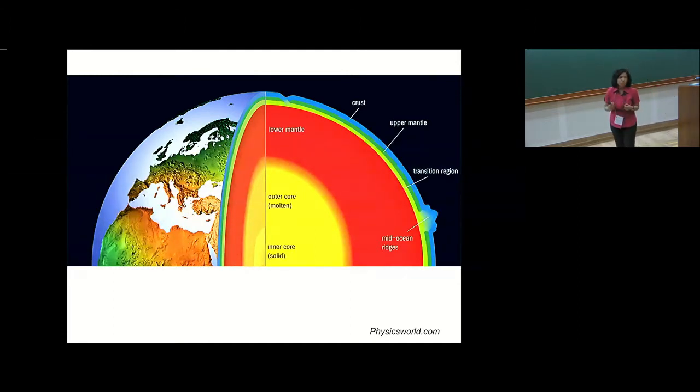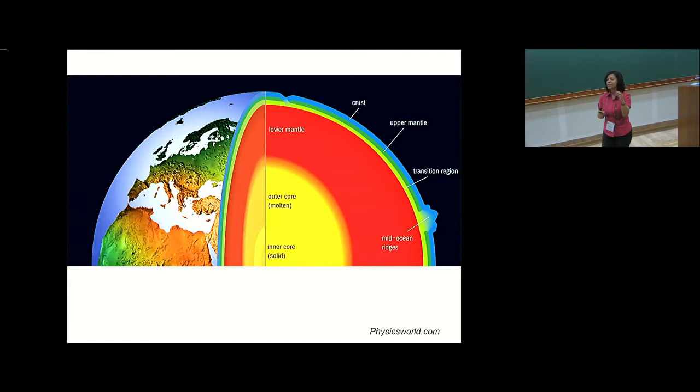Now, the question arises, how do we know the interior of the Earth looks like this? The deepest borehole that we have ever dug was 12 kilometers in depth, okay? And the Earth's radius is 6,370 kilometers. For example, the mantle starts at about an average 100-kilometer depth and goes down till 2,900 kilometers.